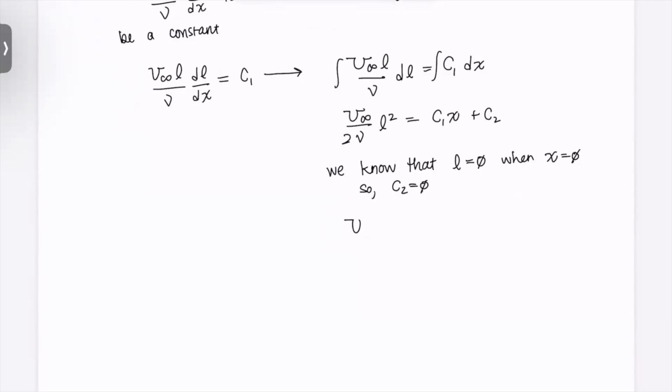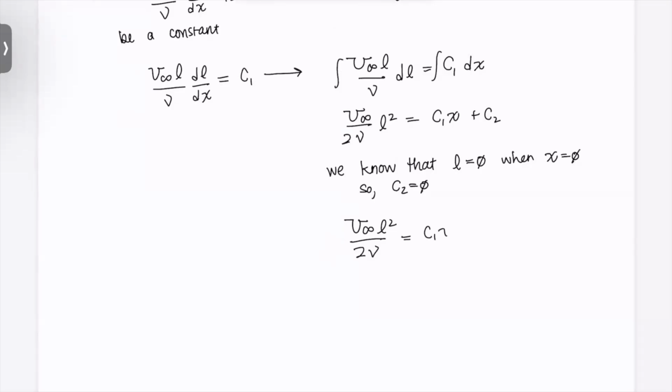Okay, so we have that U infinity times L squared over 2 times nu is equal to x. Actually, no, sorry, I'm going to keep the constant on the other side.